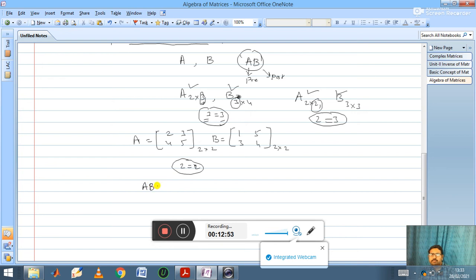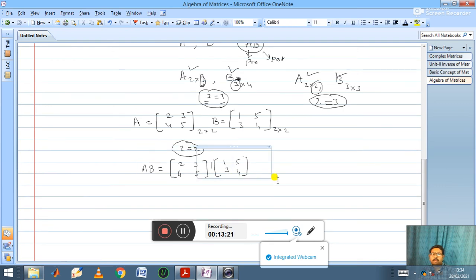AB is nothing but the product of the two matrices. This equals your first matrix with elements 2, 3, 4, 5 into your second matrix 1, 5, 3, 4.